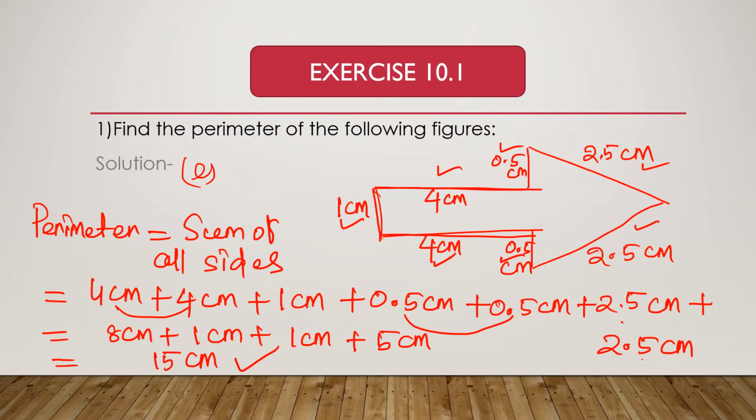So 15 centimeter. So perimeter of this given figure, that is arrow symbol, is 15 centimeter.